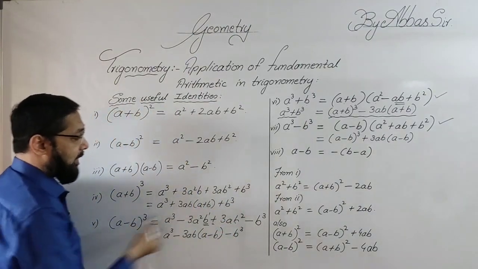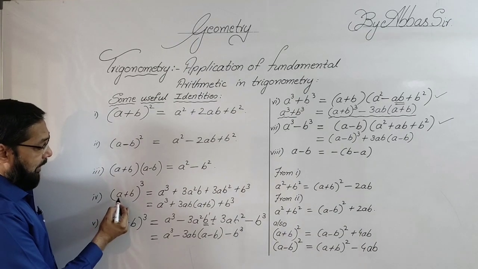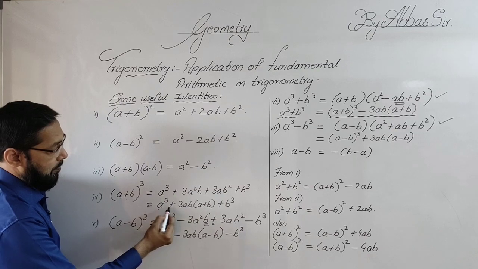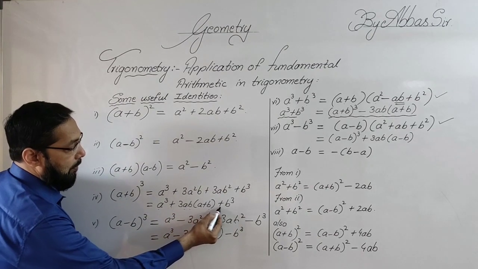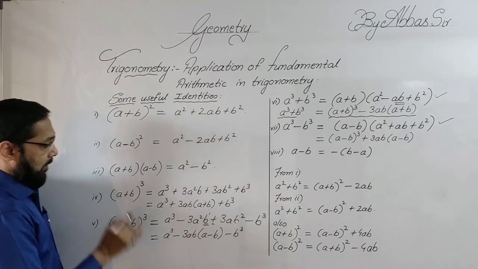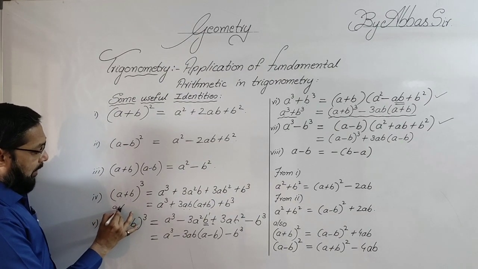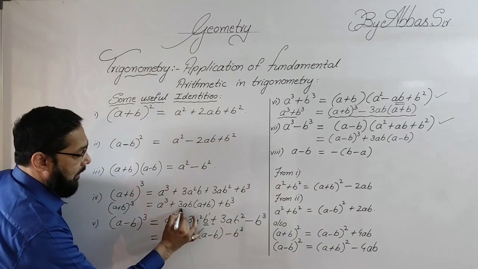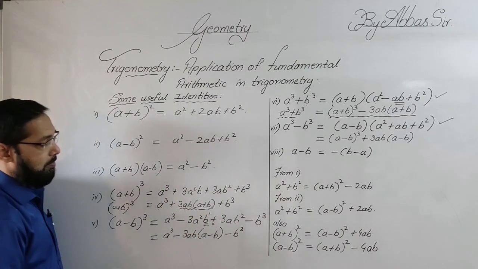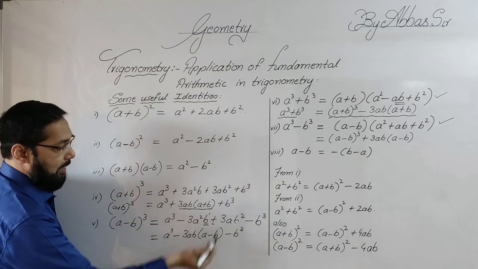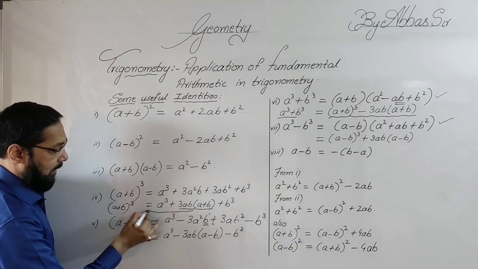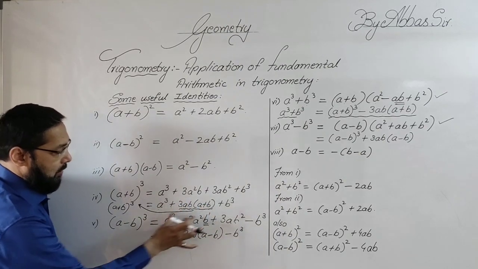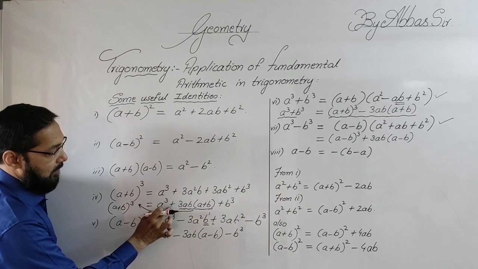If you see this identity properly, my friends, where we had taken a plus b the whole cube is equal to a cube plus b cube plus 3ab into bracket a plus b. Now what we have done? Keeping a plus b the whole cube as it is, we have taken this entire term from the right hand side to the left hand side. And as you take this term from RHS to LHS, you know that the sign will change.